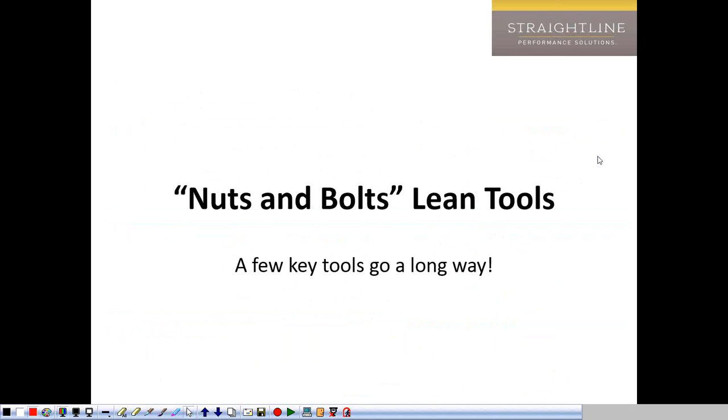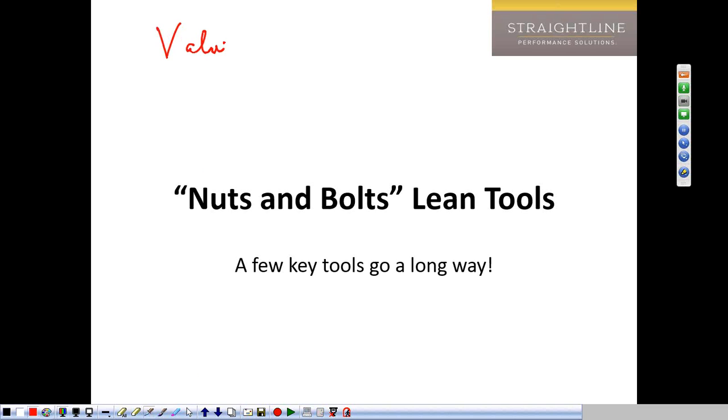Okay. At this point, I do want to talk a little bit about the nuts and bolts lean tools, and then maybe I think we'll have some time to do an exercise with the team tools. In the nuts and bolts lean tools, these are real workhorses of lean.